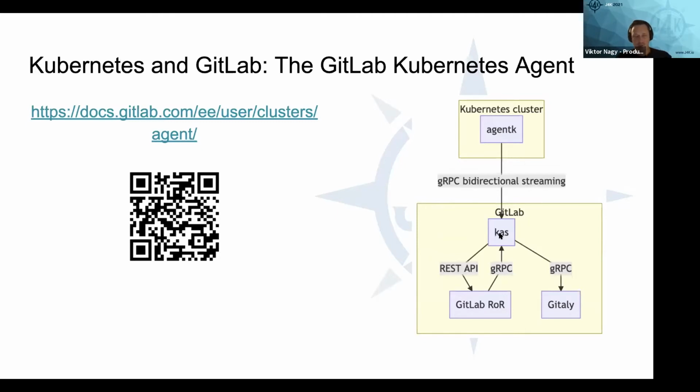And for a long time, GitLab had a certificate-based setup for the cluster that required your Kubernetes API to be available for GitLab. This was, for very understandable reasons, a no-go, especially for GitLab.com users.